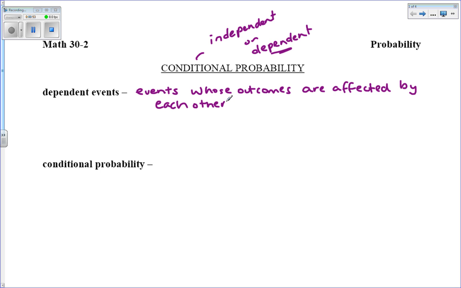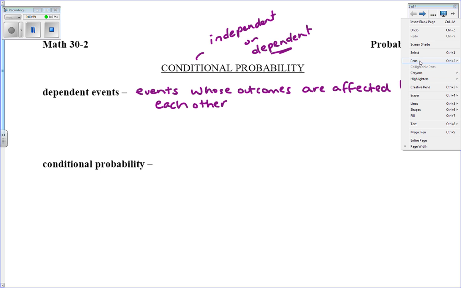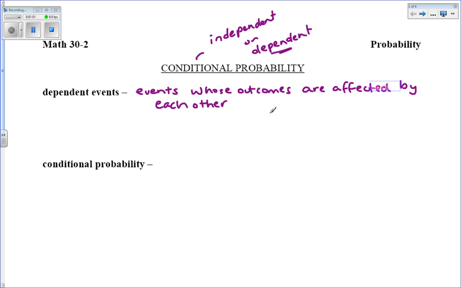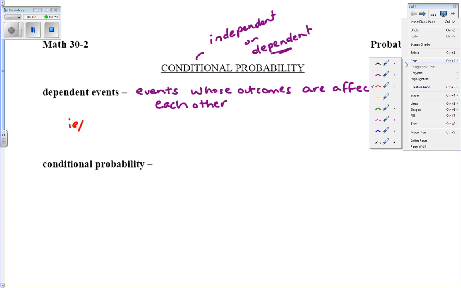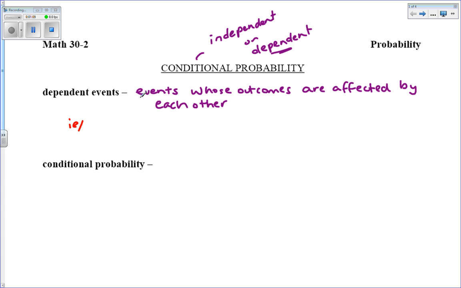A really good example of dependent events is when you're drawing names from a hat, or drawing cards from a deck, without replacing. Like maybe you draw two names, but you don't replace the first one. So drawing two cards from a deck without replacement.